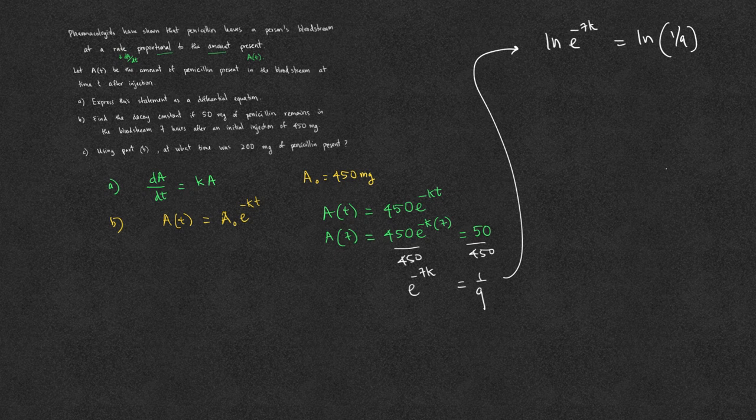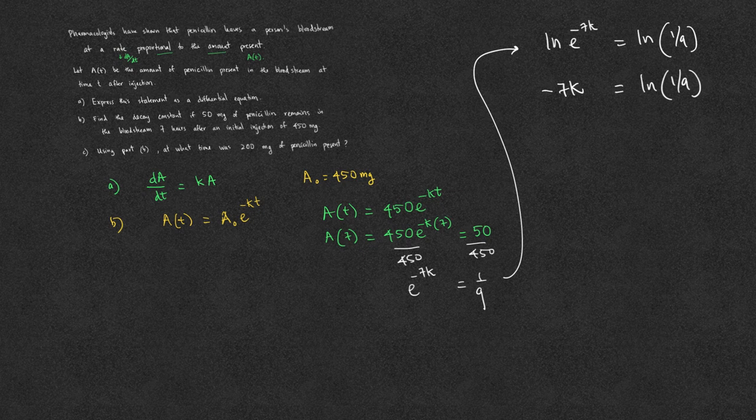Ln of e cancels out, so it gives us negative 7k, or we can move the negative 7k to the front of ln, but ln of e is 1. The right-hand side is still ln of 1 over 9. In the intermediate step, we should leave the answer as ln of 1 over 9 for now.